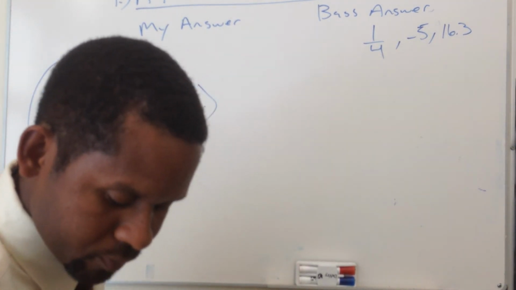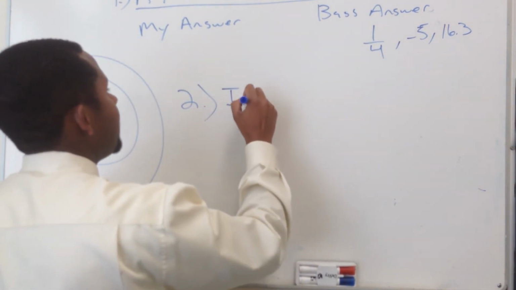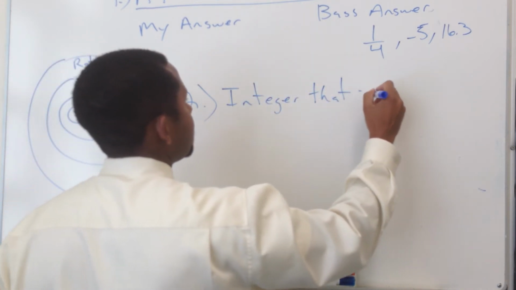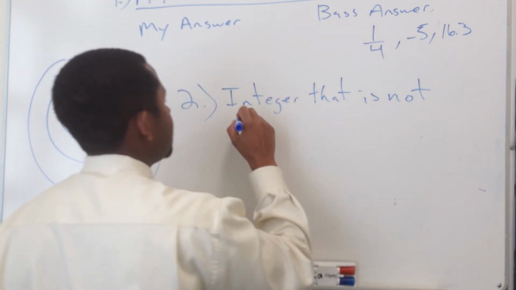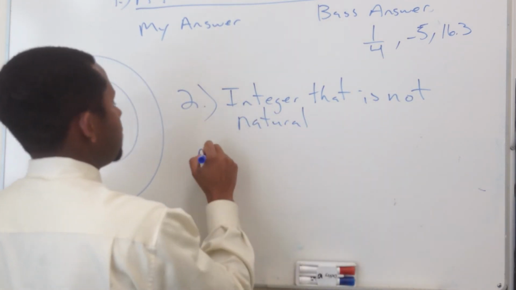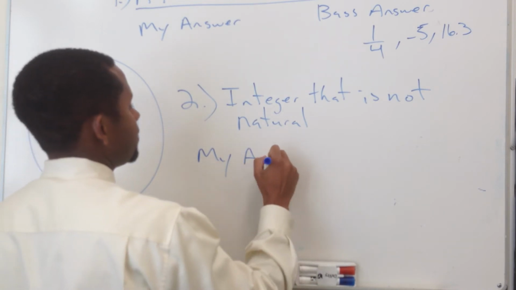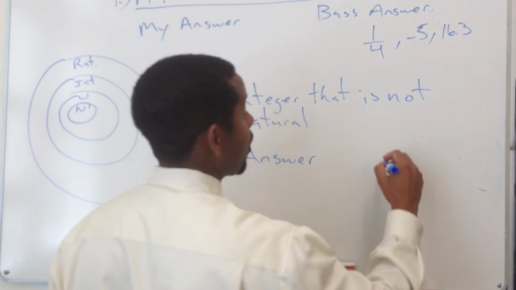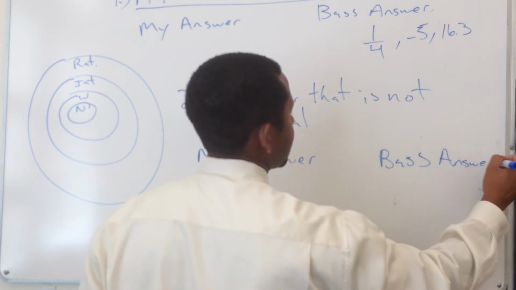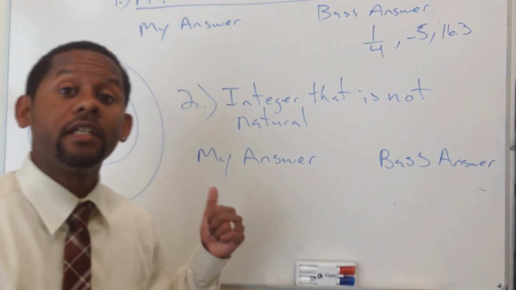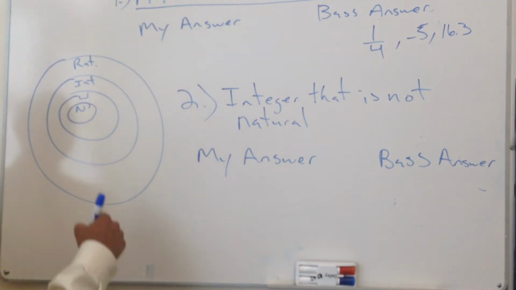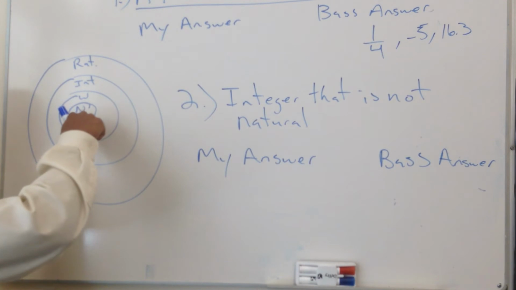Number 2: give me an integer that is not natural. I want to know what your answer is. You should do that before I do this, and then we'll talk about the Bass answer. For me, I need an integer, so I need the positive and negative numbers that are not natural.